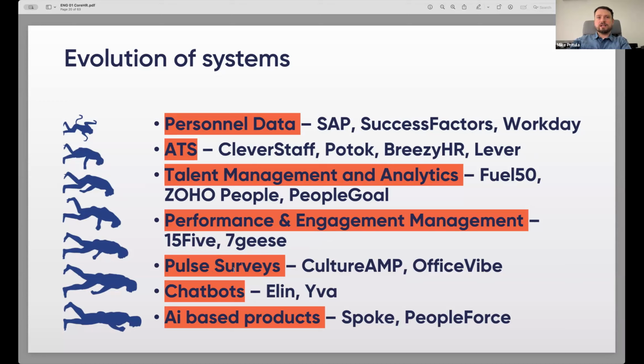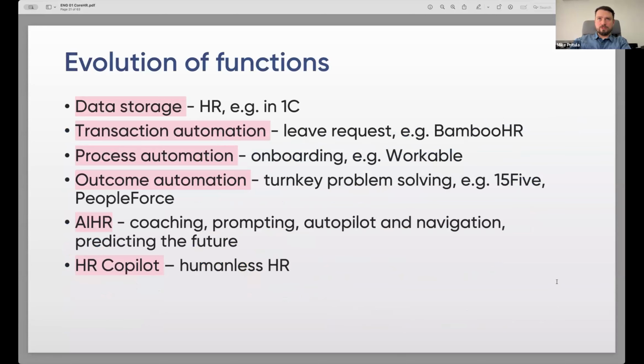Actually, Culture Amp started as a pulse survey tool, but they later introduced other modules and became performance and engagement management as well. Pulse surveys appeared among the latest, with Culture Amp and OfficeVibe. Chatbots, where Erin and Eva were among the first. This one was closed and this one was sold. And AI-based products like Spoke, PeopleForce, and others that provide even more options.